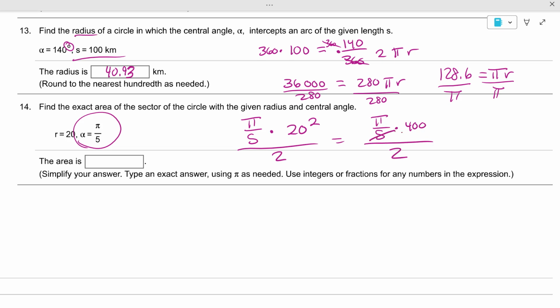Well, 5 goes into 400 80 times, and 80 goes into 2 40 times. So you get 40 pi. It wants an exact answer using pi, so do not put pi in your calculator.